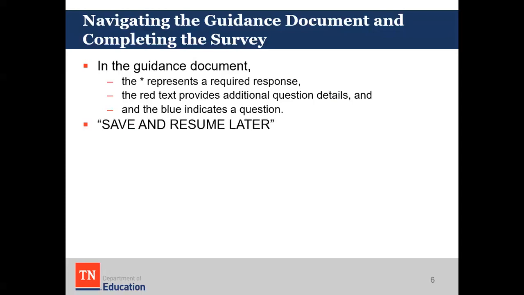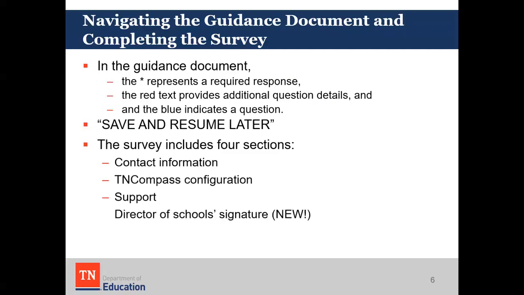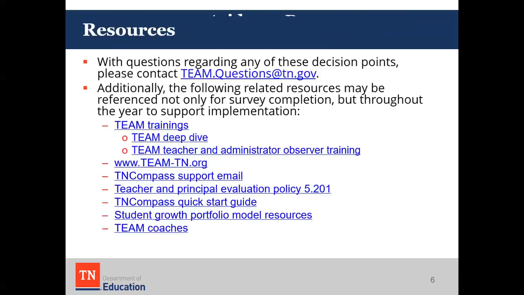This is a handy feature that you can utilize if you want to have more conversations with folks in your district around the choices that you're making regarding flexibility. And again, the 4 sections of the survey are contact information, TN Compass configuration, a support section, and a new section for the Director of Schools to sign, which will create an automatic MOU.